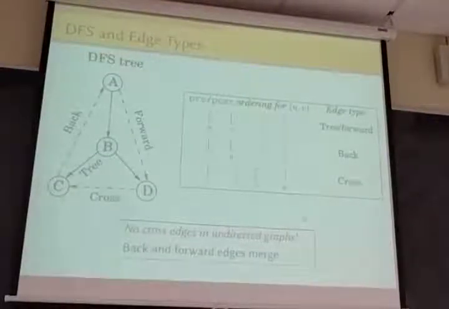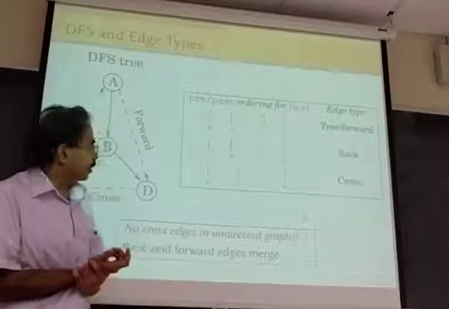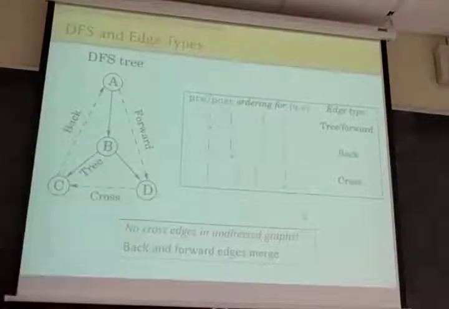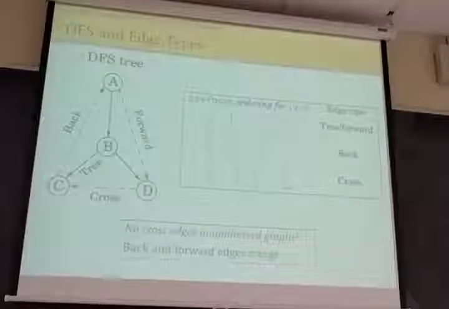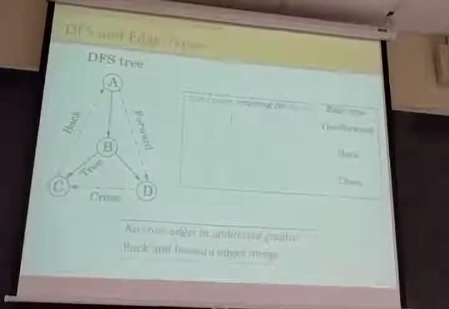We define cross edges as the edges that go between vertices that have no ancestor-descendant relationship in the DFS tree. Again, remember all of the things that we're talking about are with respect to the DFS tree.